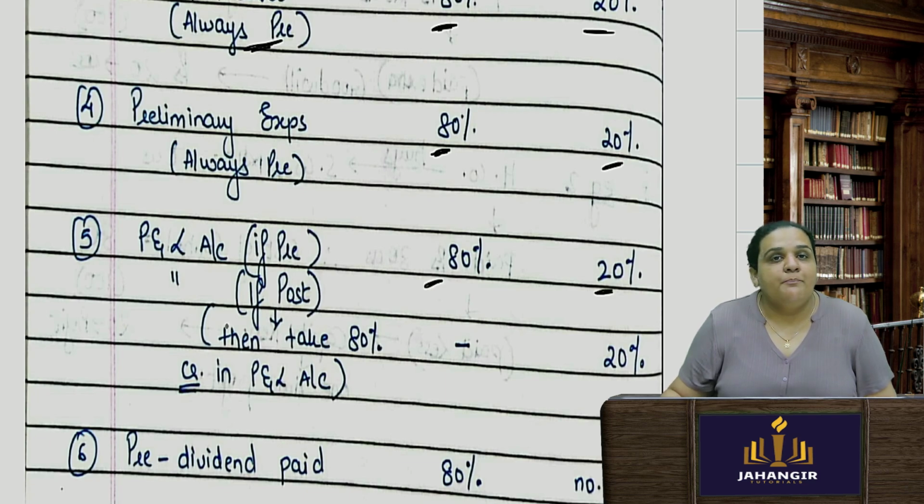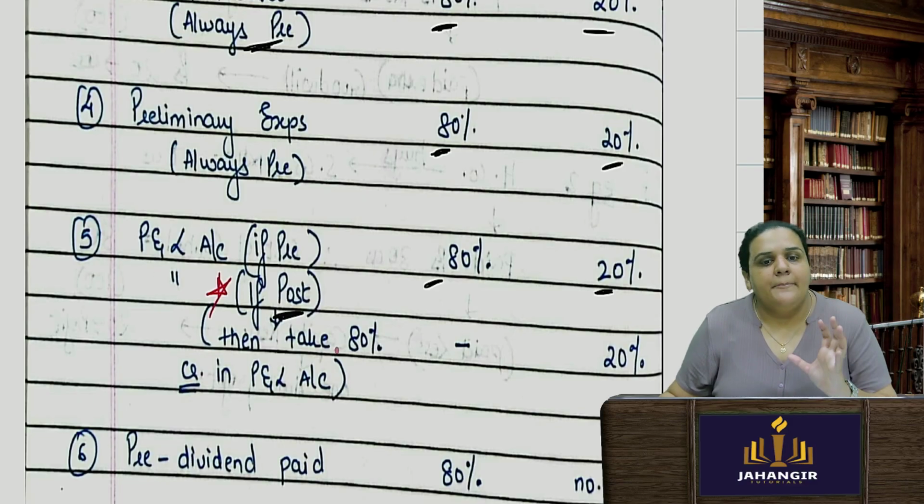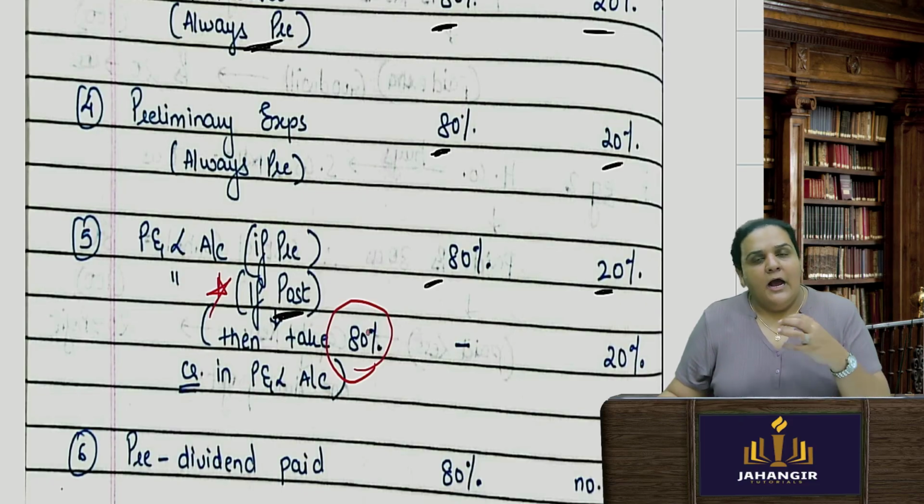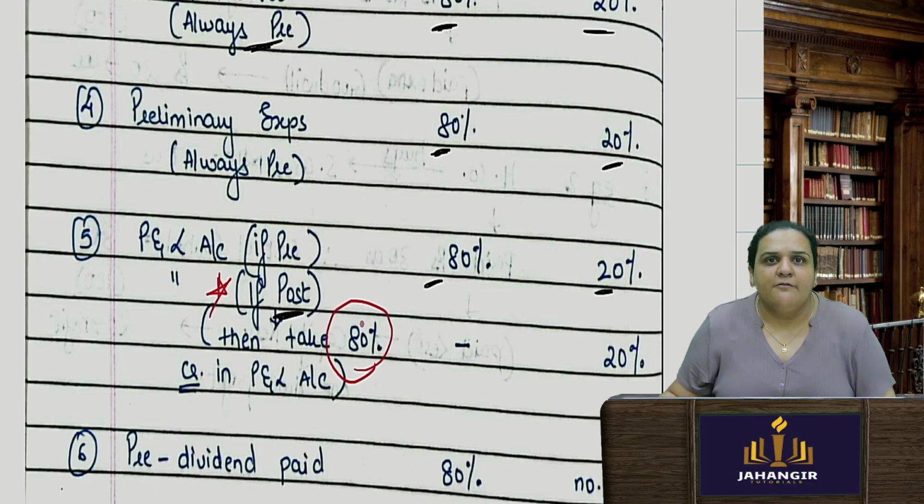But if it is a post P&L, what is important is that if anything is post, holding company will get its share, but you cannot take it as a form of cost of control. Simple thing. Why? Because this profit you earned after you became the holding of that subsidiary.